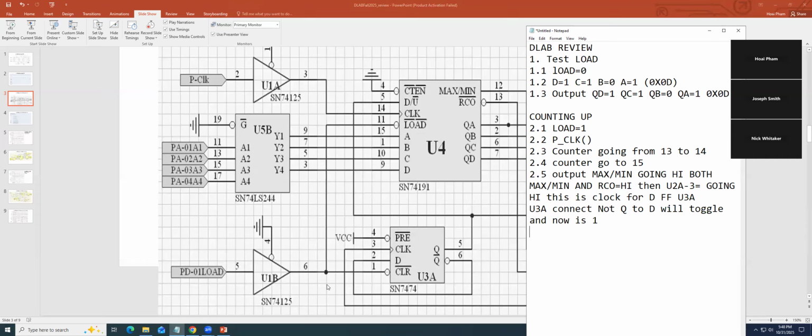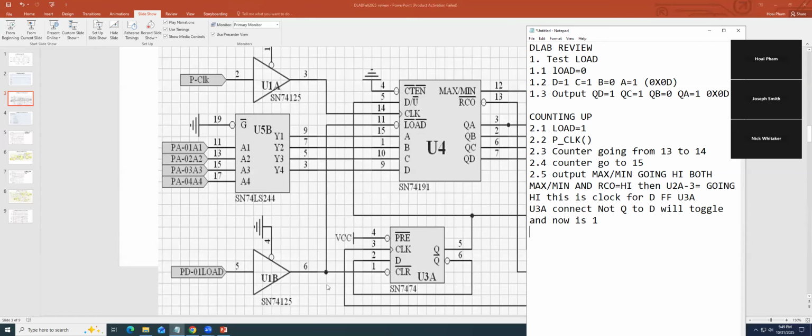The thing is they connect not Q, right? Not Q is 1 into D. We don't care one or not. Not Q connect to D. Every time the clock is coming, they toggle. And the output was 0. Now they toggle, they be 1.